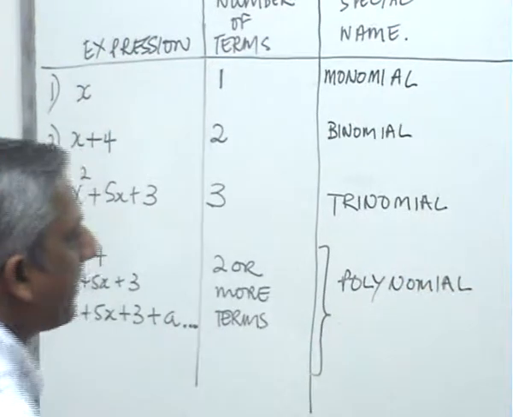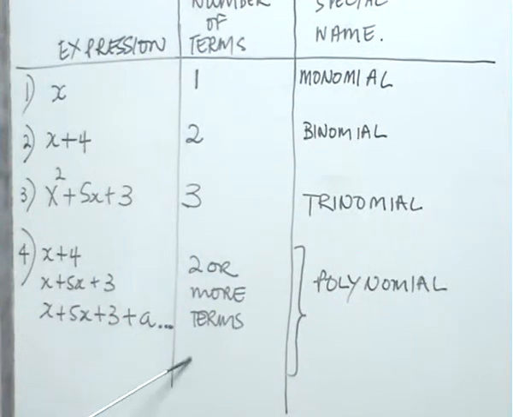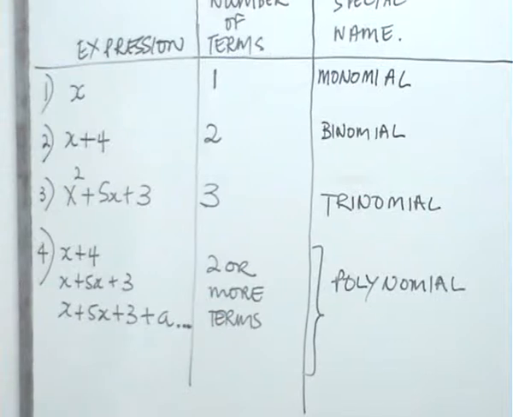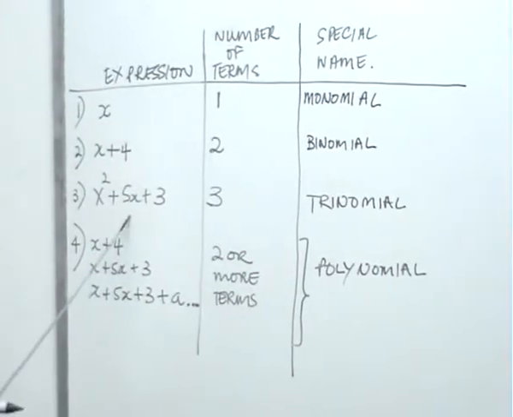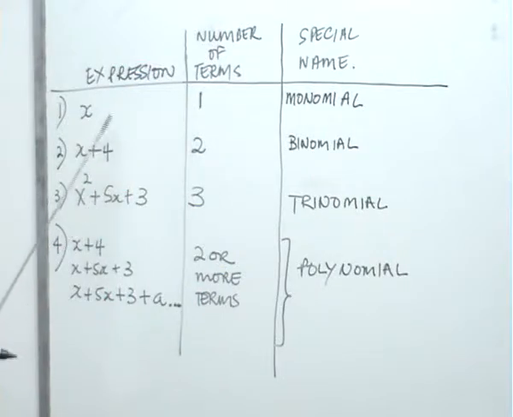Poly means many, right? As long as it's 2 or more terms, you can call it a polynomial. But a special name for 3 terms is trinomial, 2 terms binomial, 1 term monomial. 2 or more terms together is called a polynomial. Alright, so that clears our understanding about what is an equation and what is an expression.